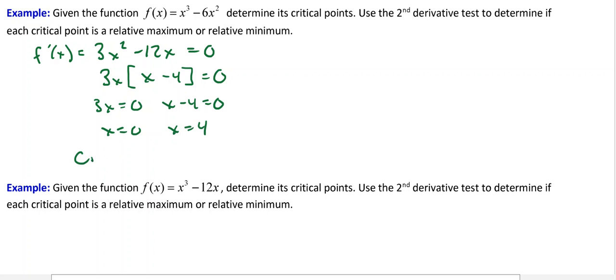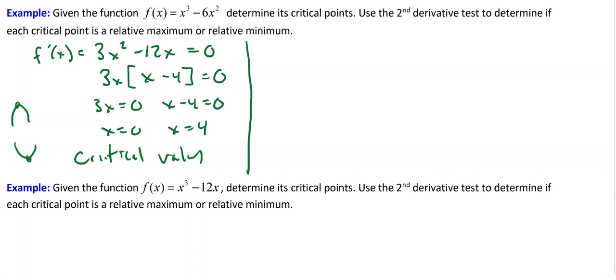These are our critical values. We either have a relative max or relative min. But which one is it? We don't know. Now, to determine that, we can go to the second derivative test.